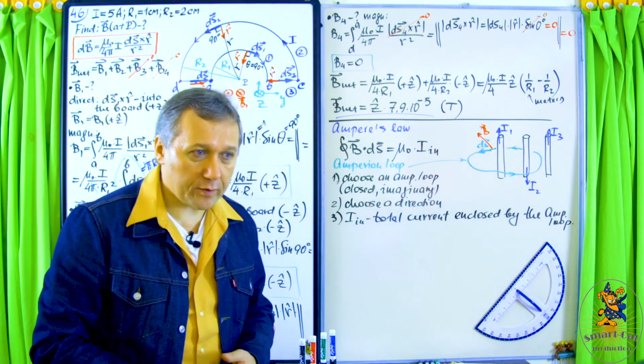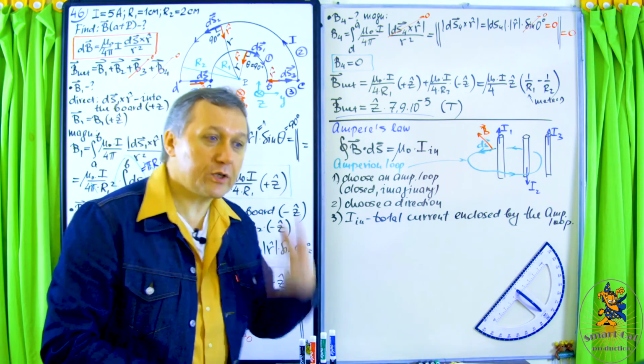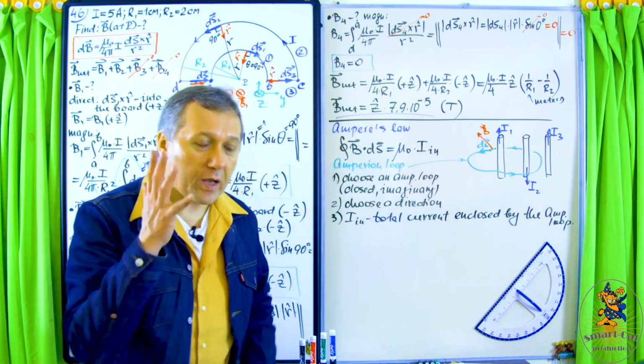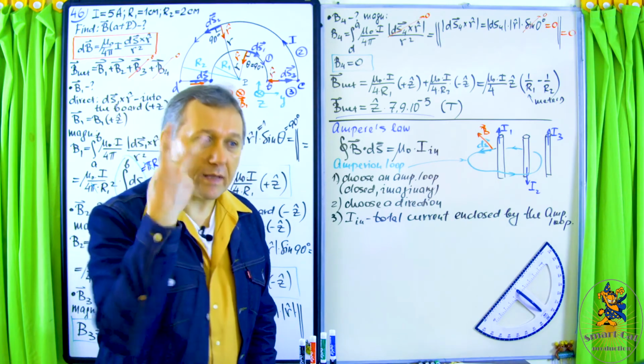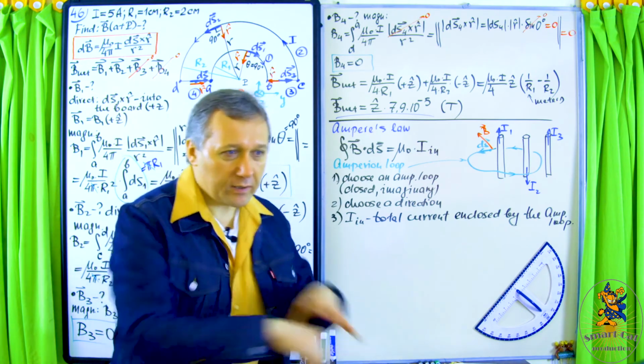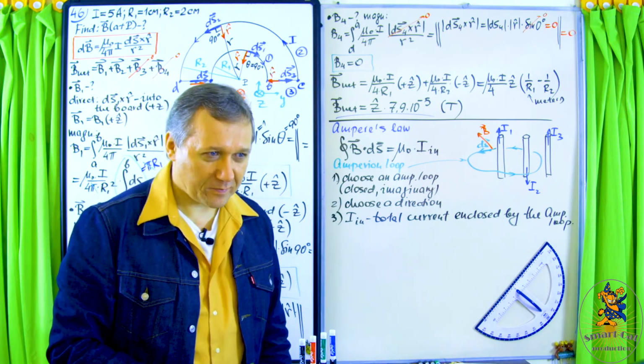And in order to figure out which current must be positive in our equation and which current must be negative, we apply right-hand rule number 2, the second one basically. It's the same rule, just applied in the opposite direction.